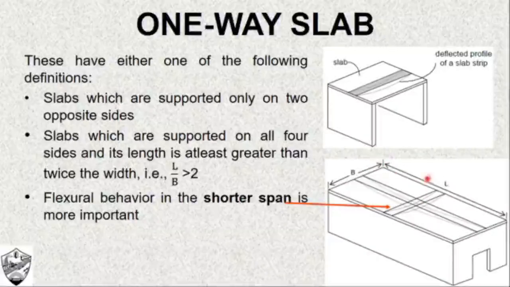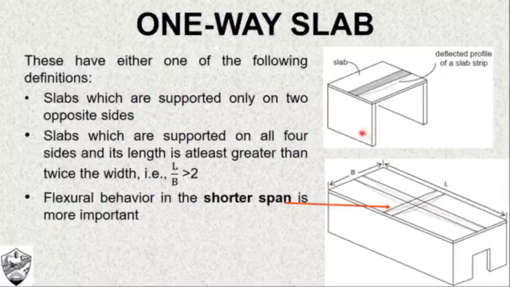The longer span we designate as L and the shorter span we designate as B, and if the length is at least greater than twice the width, that is, if L is greater than 2 times B, then we call such slabs one-way slabs. Or in short, we can say L by B is greater than 2 for one-way slabs.